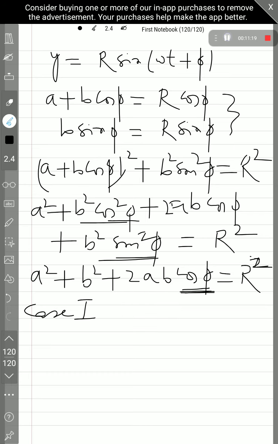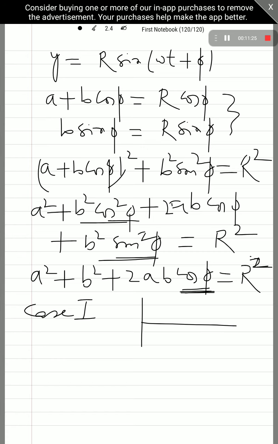Let us look at the cos profile, because cos is going this way: at 0 it is 1, at pi by 2 it is 0, this is pi, this is 3 pi by 2, this is 2 pi.